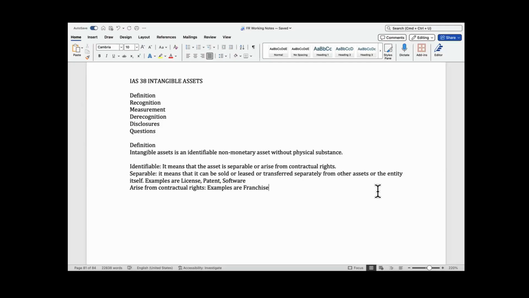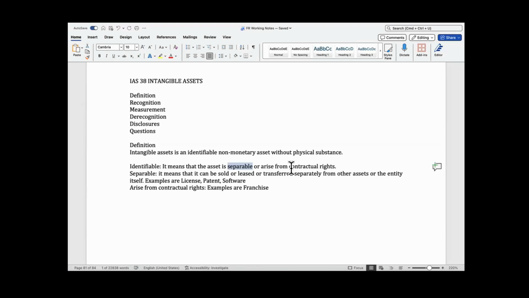So it's a franchise. So it becomes an asset to you, but it's not separable. You cannot say you want to sell it to another person as well. No, you cannot. So that is why an intangible asset is identifiable. And being identifiable means that it either is separable, meaning an asset that you can sell, lease, or transfer separately from other assets, or is arising from contractual rights.